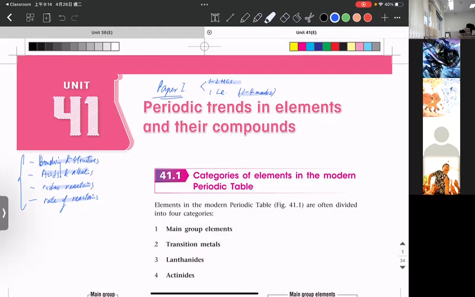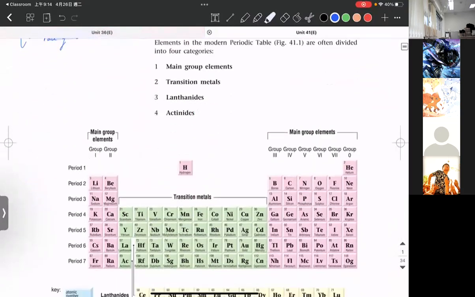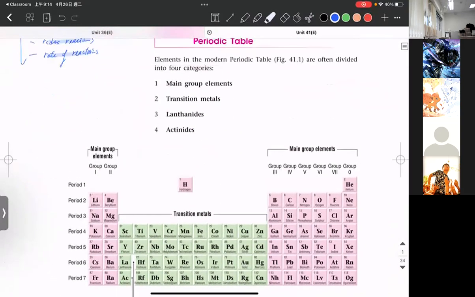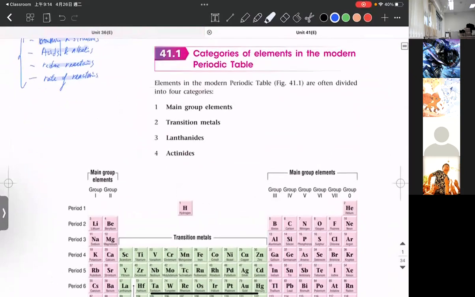So this is unit 41. Now we visit the periodic table. We would not only focus on the main groups, elements, transition metals. Now number 3 and number 4, lanthanides and actinides, no need for DSE.